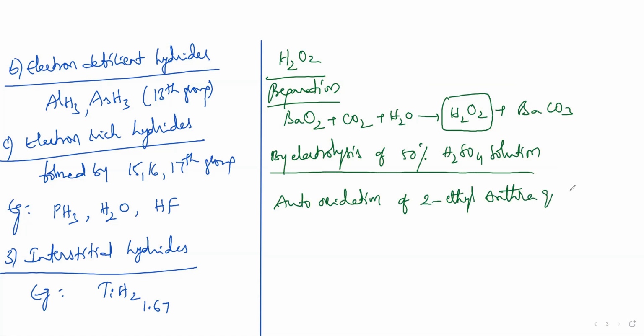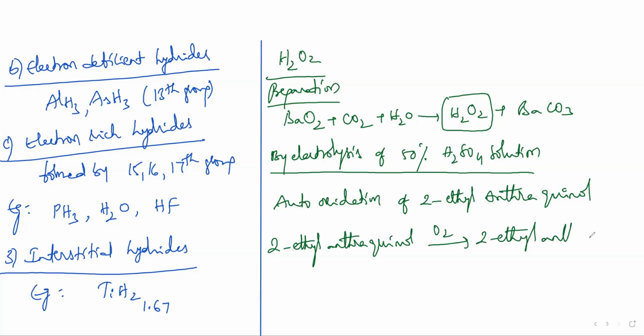That means 2-ethyl anthraquinol on oxidation is converted into 2-ethyl anthraquinone plus hydrogen peroxide. This is what you will get. So this is about preparation methods of H2O2. Done?